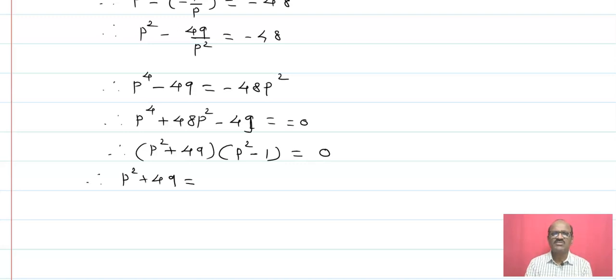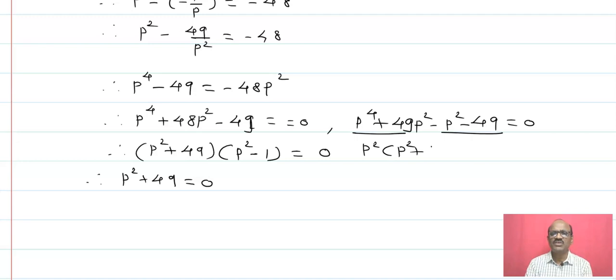Now see this, the factors, again I am writing here, that is p square plus 49 and p square minus 1 is equal to 0. For the students who cannot understand, these are the direct factors.